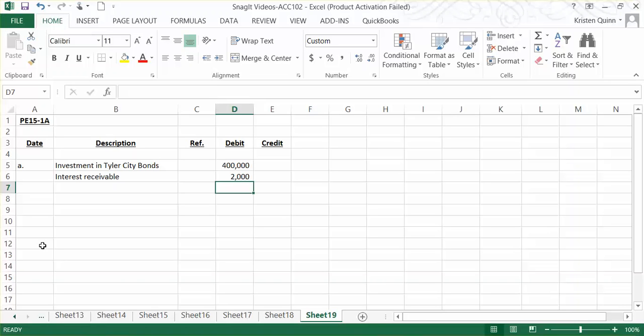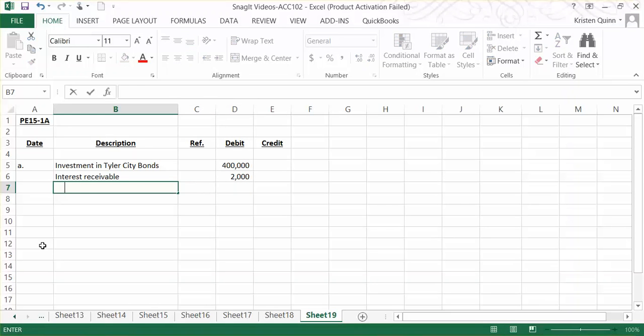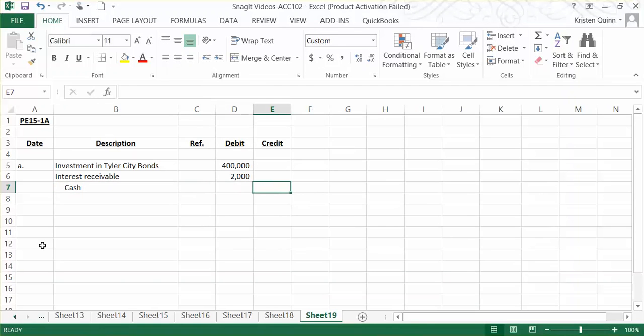However, at the next interest payment, we are going to get the full 6 months worth of interest. So we're giving the existing bondholder how much they've earned so far. And we're paying them cash for the bonds in the total of $402,000.